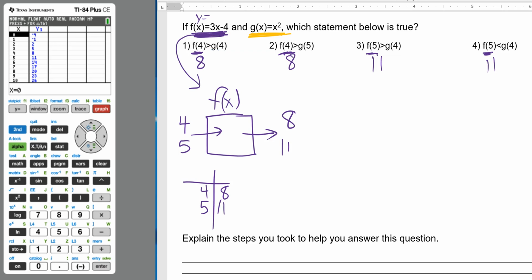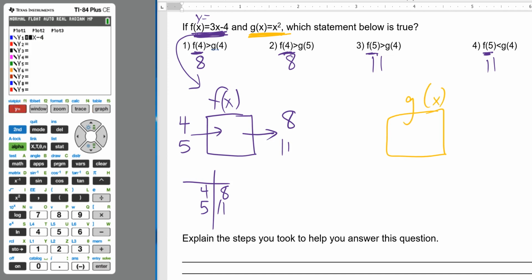Okay, let's do this again for the next machine, or the next number cruncher, g of x. We go to y equals, and we'll put in this function, x to the second. Same idea, we want to know what does g of 4 really mean, and what does g of 5 really mean.